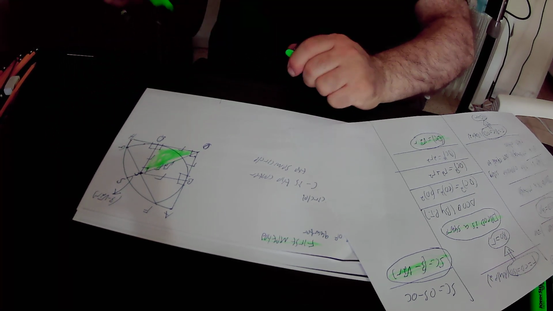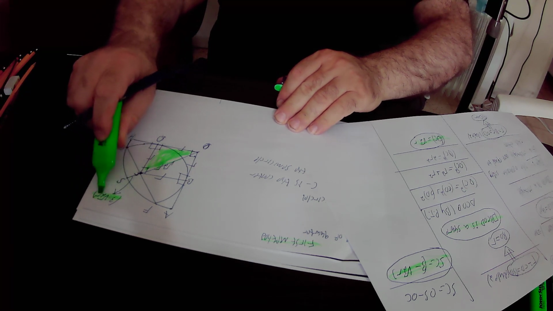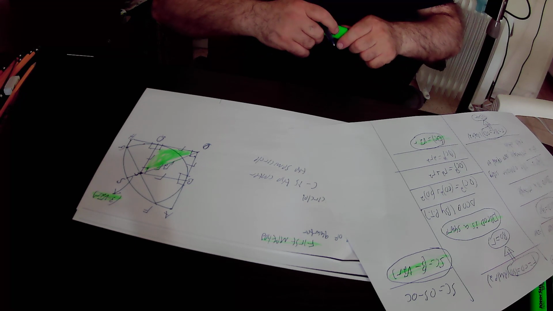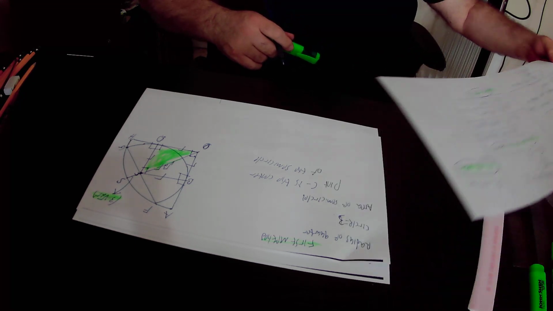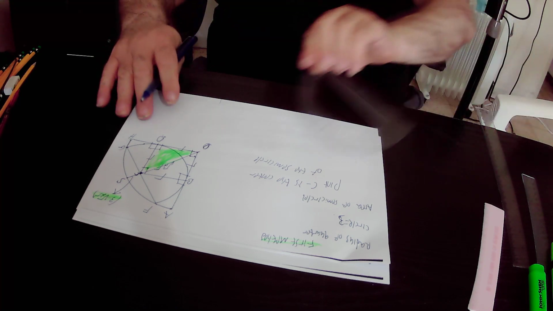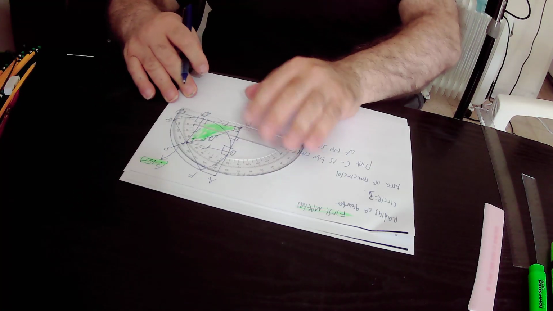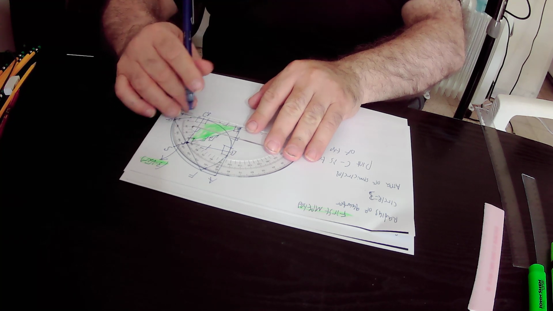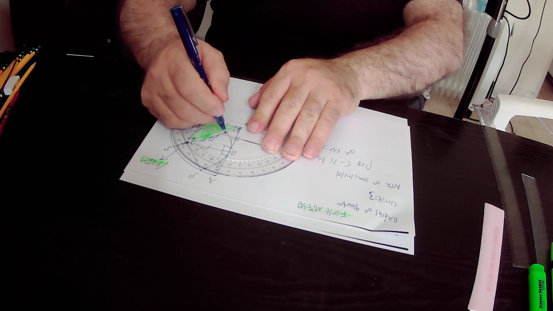Okay, in the next step, we will complete the quarter circle to a circle.